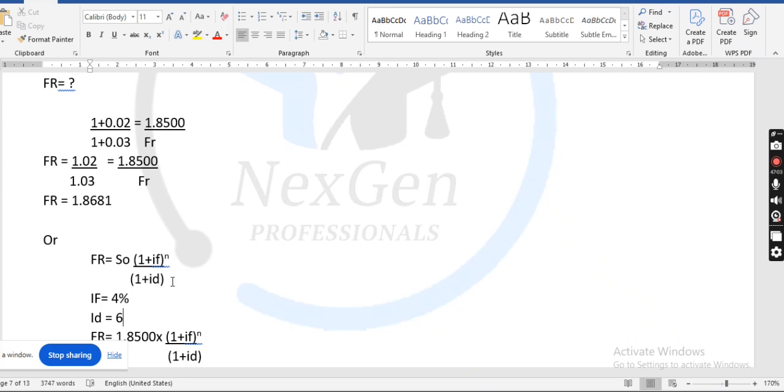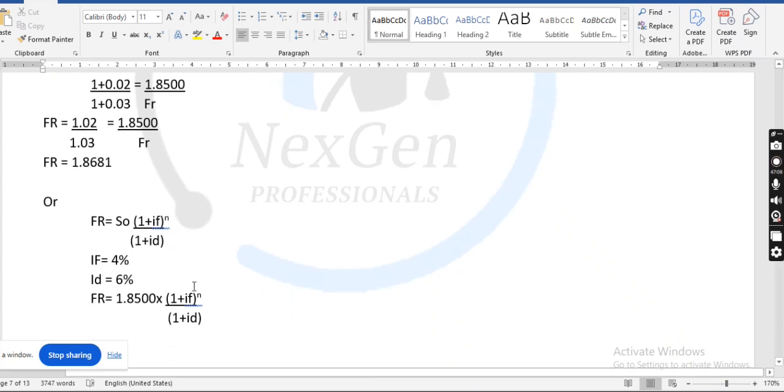Now, IF is 0.04. ID is 0.06. What do you do for this N? Since it is for how many months, class? It is for 6 months. So you can have 6 divided by 12.